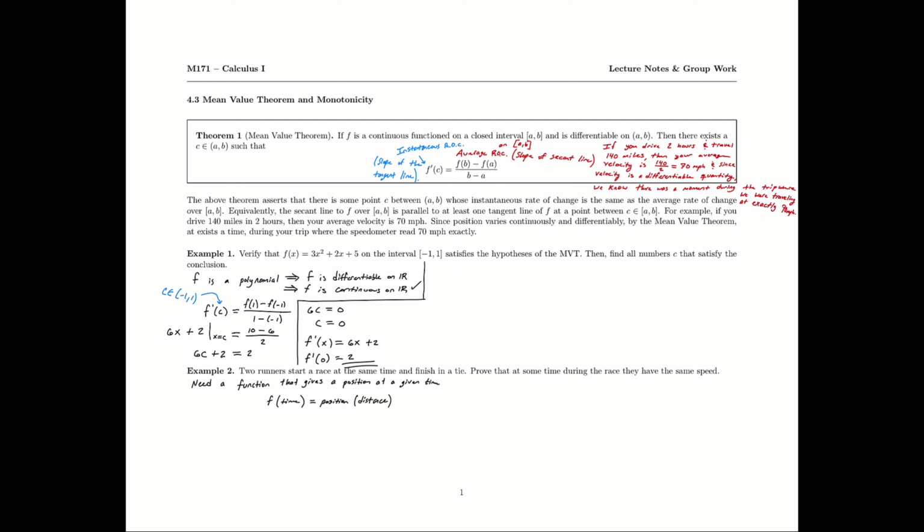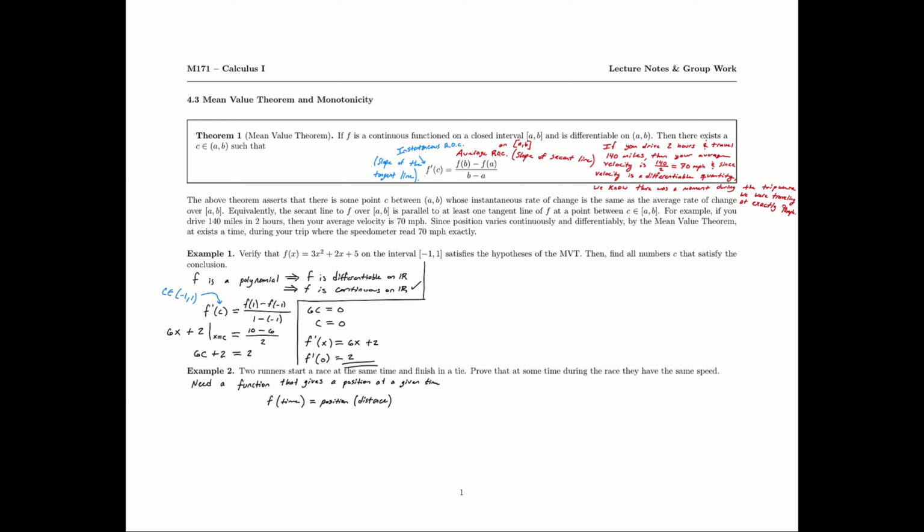And since we have two runners, we could think about possibly two versions of the mean value theorem, essentially. Because we have the one runner's position and we have the second runner's position. Now, we don't have to make this too precise, but essentially, this is what we need.